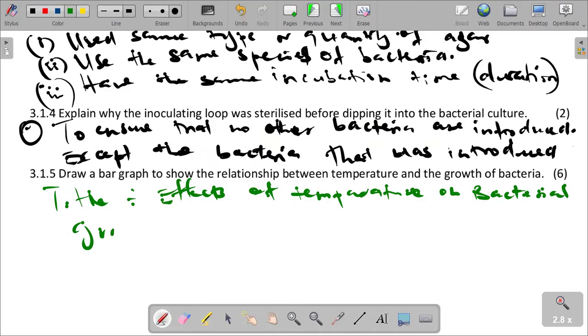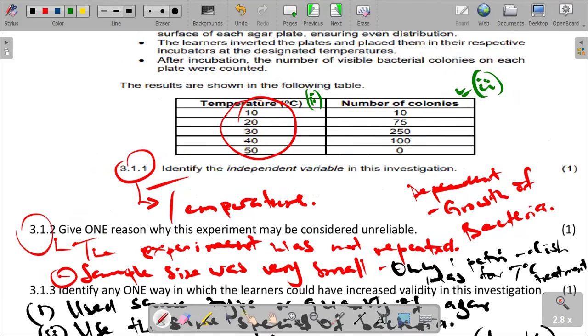Effect of temperature on bacterial growth. It is temperature that affects the growth of bacteria. What we need to know is that the number of colonies is the one that is defining the shape of the graph.